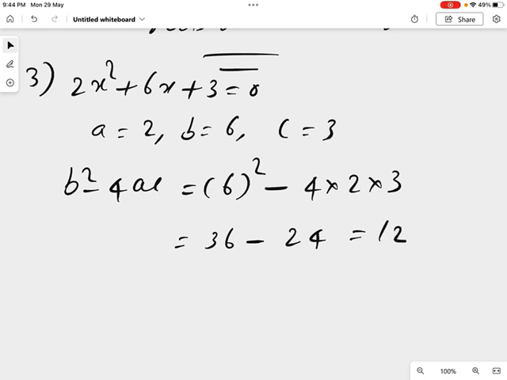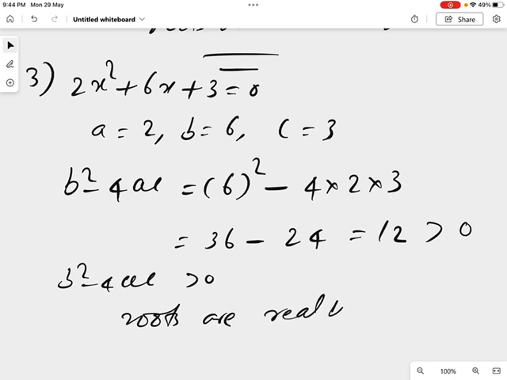That is greater than 0. That is, b square minus 4ac is greater than 0, so the roots are real and unequal.